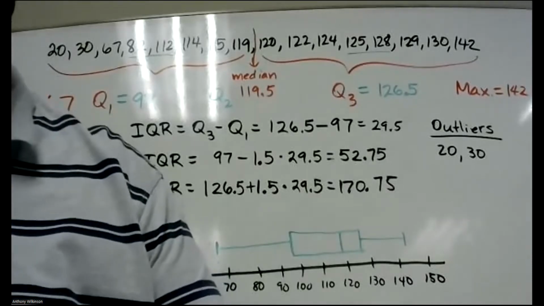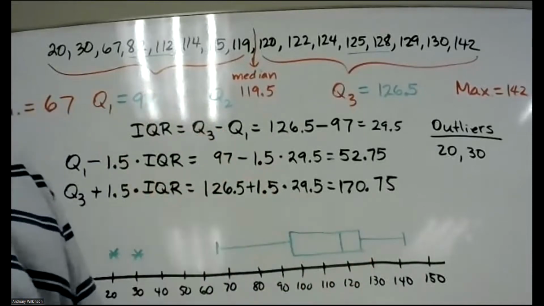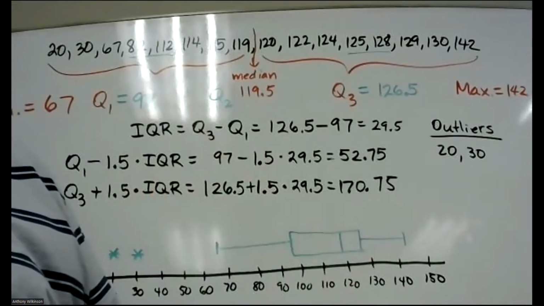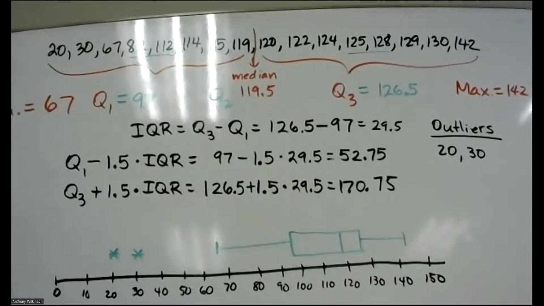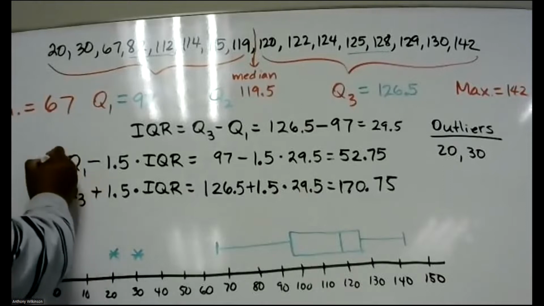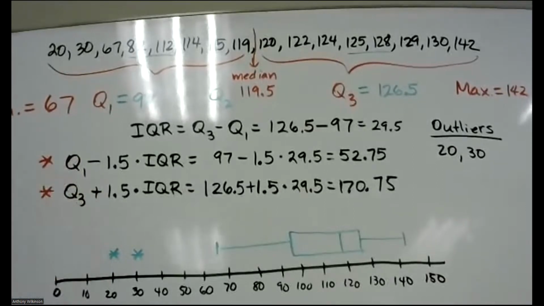So in this case, that's how we draw one of those outlier box plots for a data set. And pretty much you had to use these two right here to determine whether or not you have outliers.